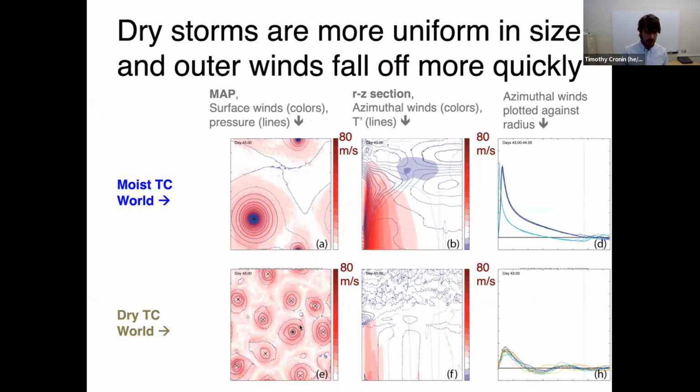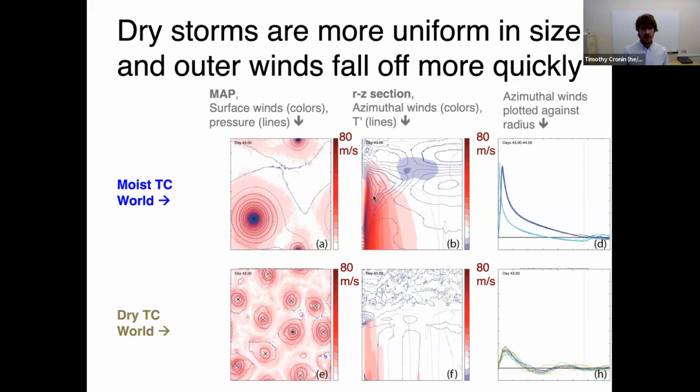The surface wind speeds are weaker for dry storms than moist ones, shown in the colors and the contours here. If you look at a radius height section shown in the middle panels, and now at the swirling winds or azimuthal winds in colors, you see both storms have an eye wall maximum of winds near the surface that decays as you go upwards, decays as you go outwards.